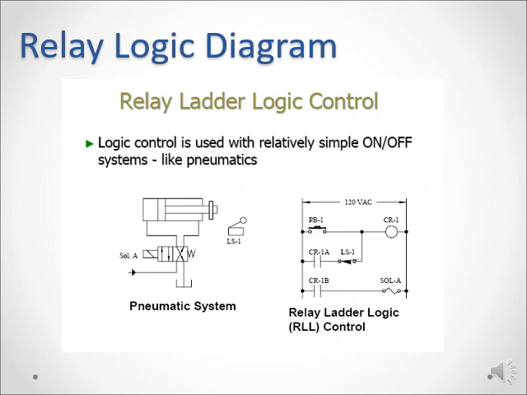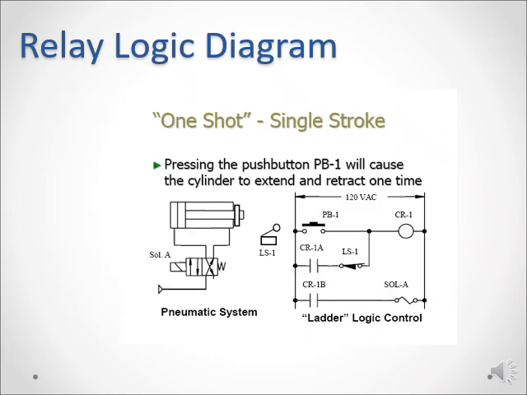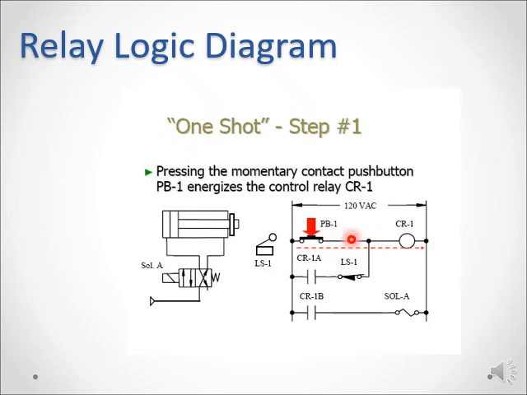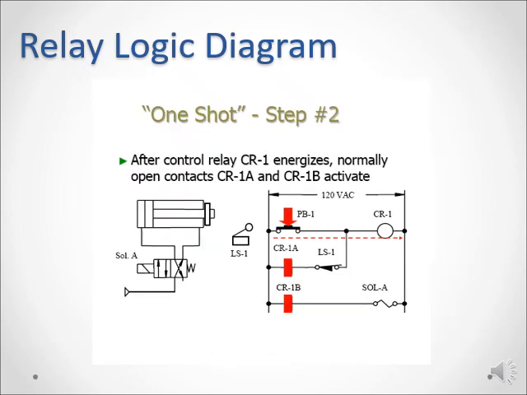What happens here is explained in a step-by-step process. At first the switch was open. If you press the switch, this line will carry the current, as shown here. Once this coil is carrying the current, it will cause this normally open switch to be closed, and this open switch also will be closed.